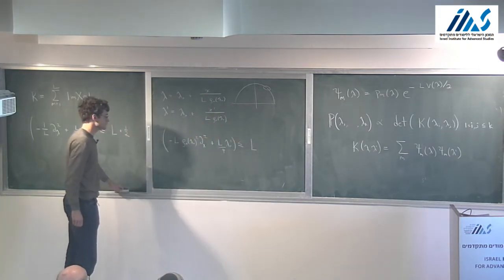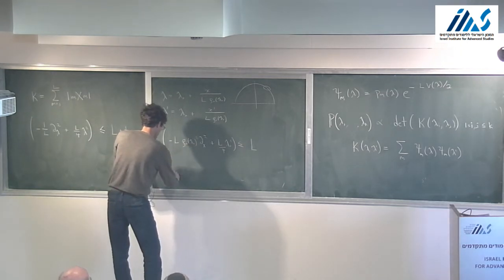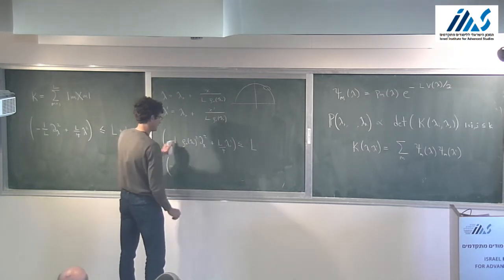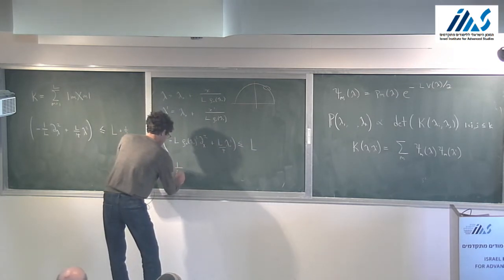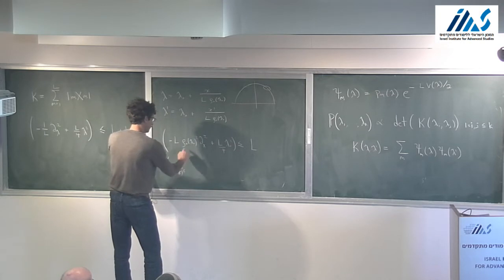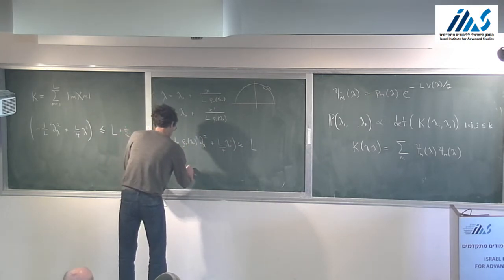So we have this condition. And now let's write this out. This is minus, well, we can cancel the factor of L from all of the terms. This factor, rho naught, if you remember the expression we wrote before for the leading density of eigenvalues, that was this semicircle function. And if we square it, we get this.